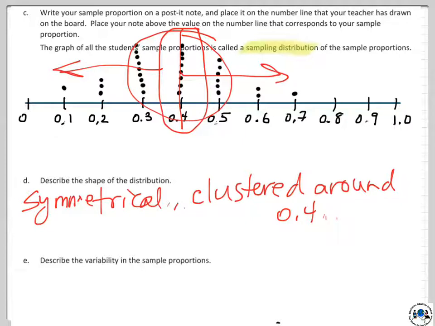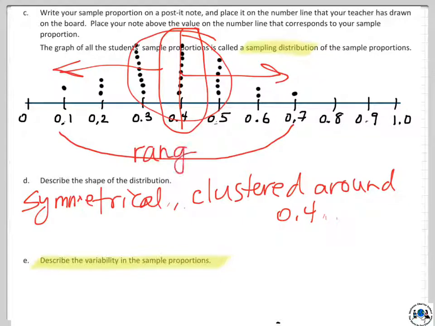Part E asks us to describe the variability of the sample proportions. We see the spread goes from 0.1 all the way down here, so we have this range.